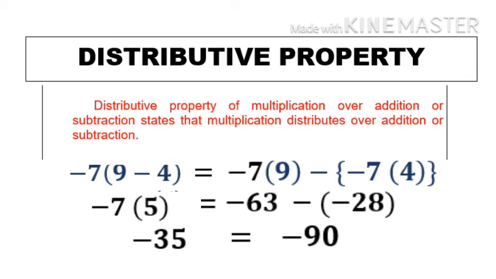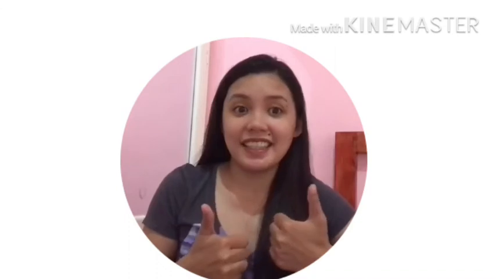Minus negative 7 times 4, that's equal to negative 28. So negative 63 minus negative 28, applying the rule in subtracting integers, this is equal to negative 35.